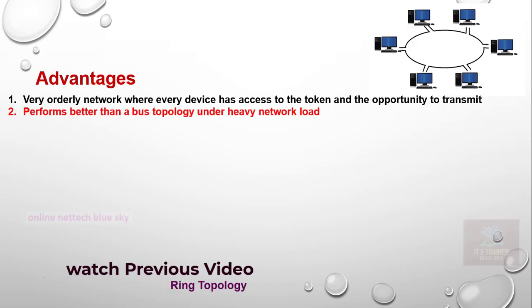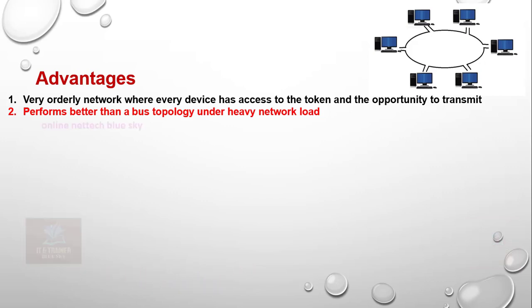You can see here it performs better than bus topology under heavy network load. I already told you about bus topology in my last previous video, very important for you. I thought you could not understand this video, so watch every video part wise.